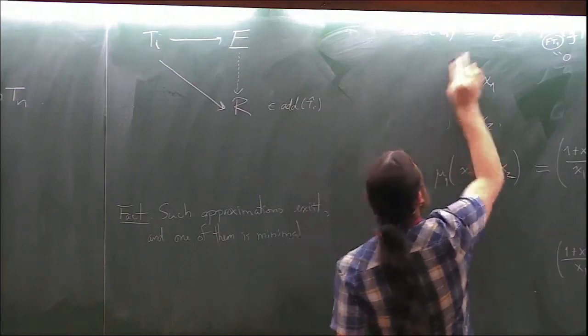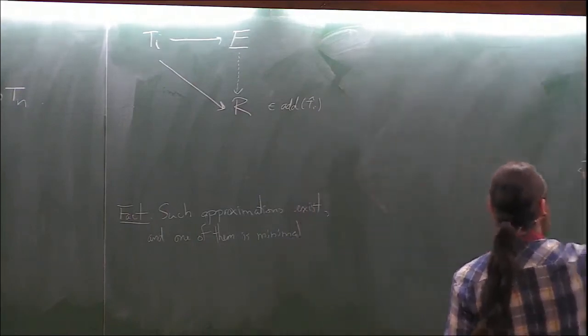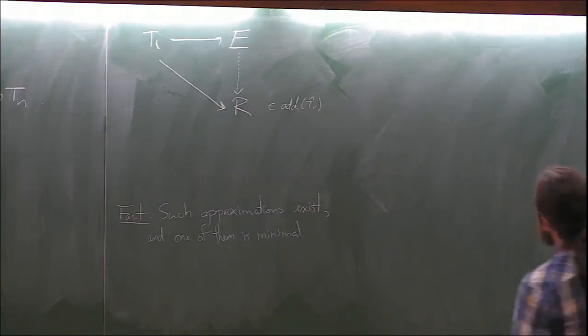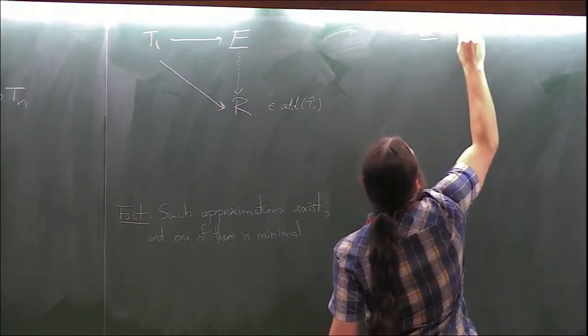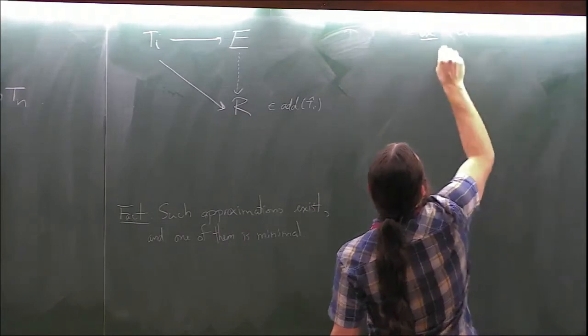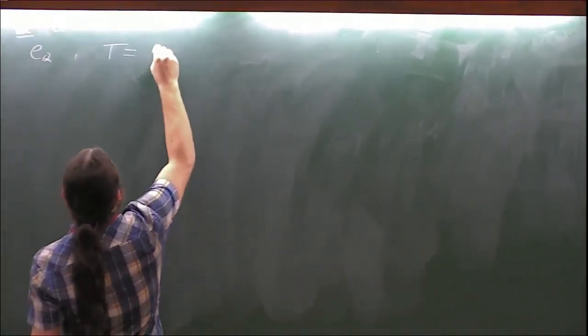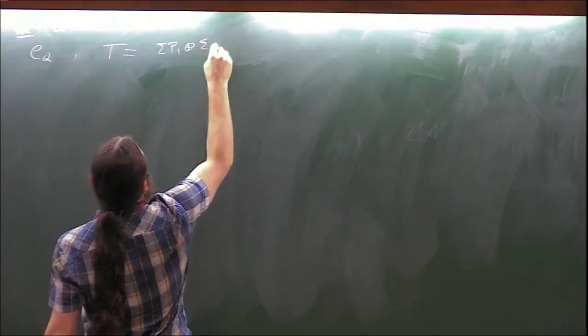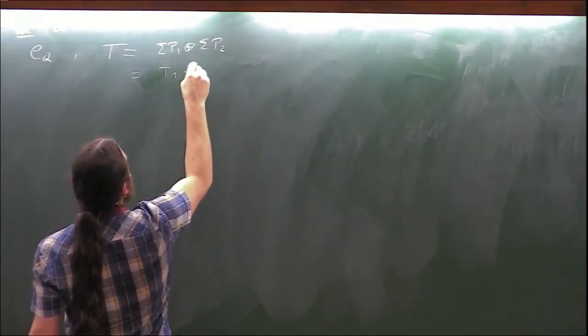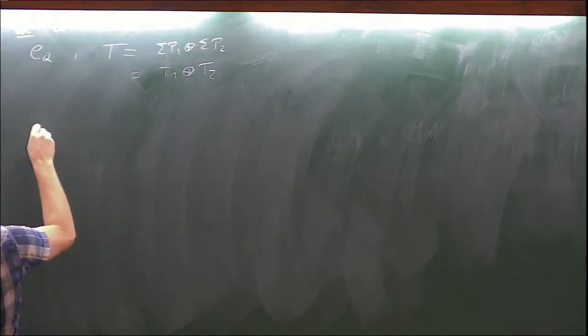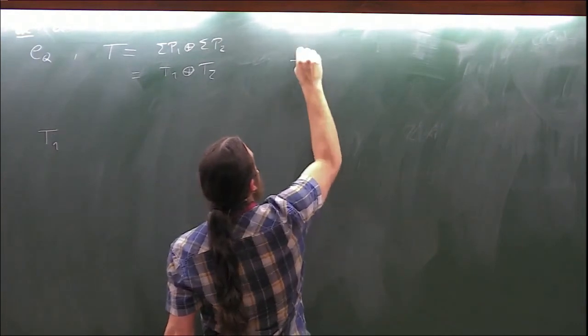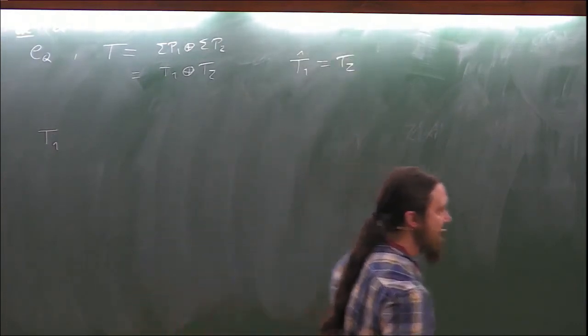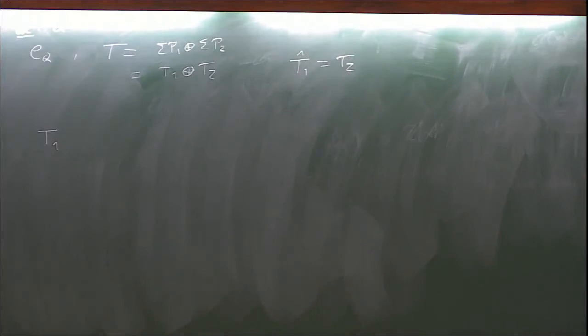So for example, in the Kronecker quiver, and in its cluster category, where I take T to be this object here, so this is T1 plus T2. If I want to approximate T1 by T1 hat, that's just T2, I need to look at all possible morphisms from T1 to T2.